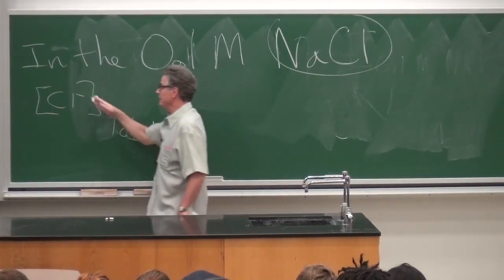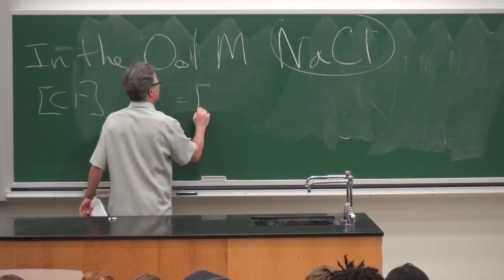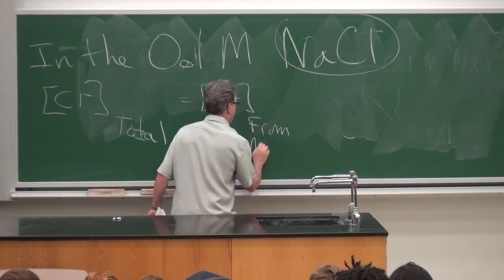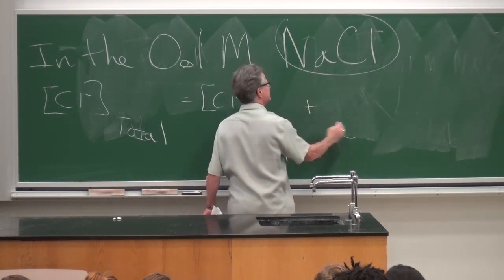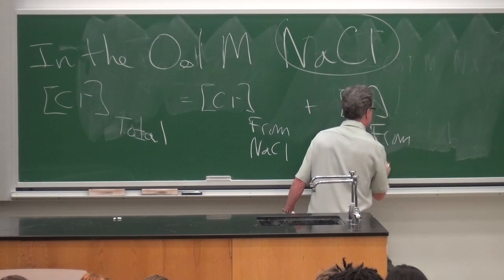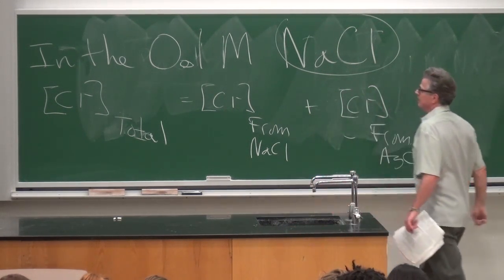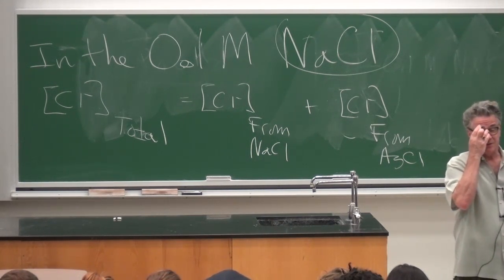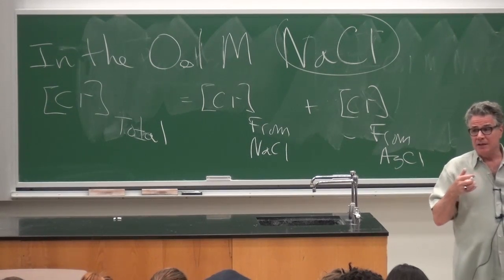So we might write the chloride total is the chloride from sodium chloride plus the chloride from silver chloride. So there's a total chloride in that solution. It's the chloride you added from the sodium chloride plus the chloride from the silver chloride.